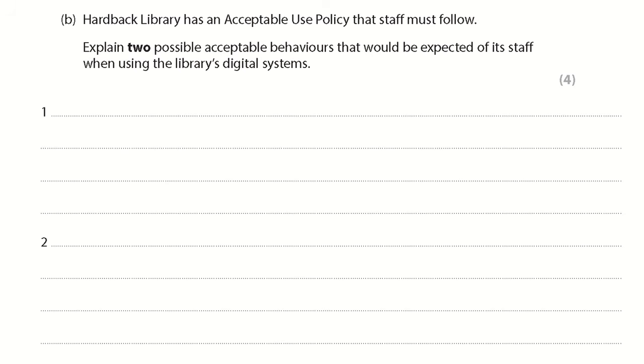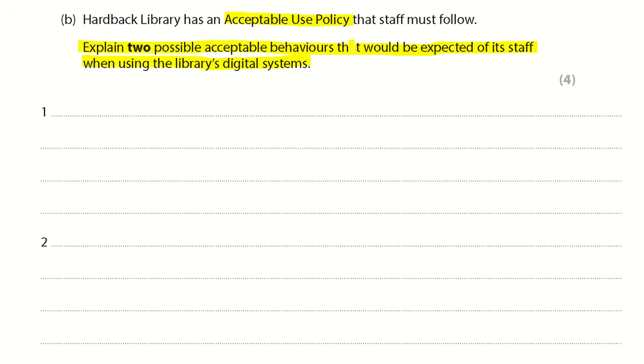So still in task 3, we've got Hardback library and they've got an acceptable use policy that staff must follow. We've got to explain 2 possible acceptable behaviours that would be expected of the staff when they are using the library's digital systems.